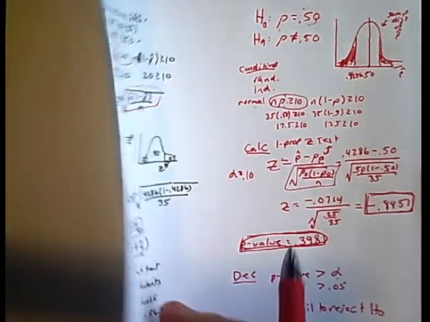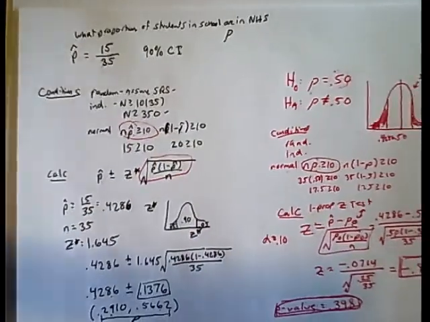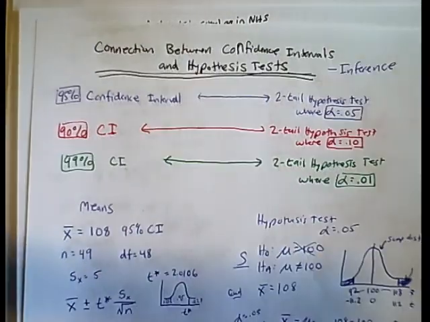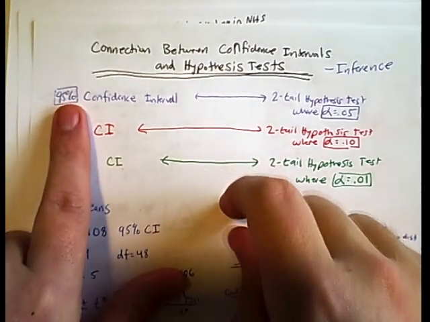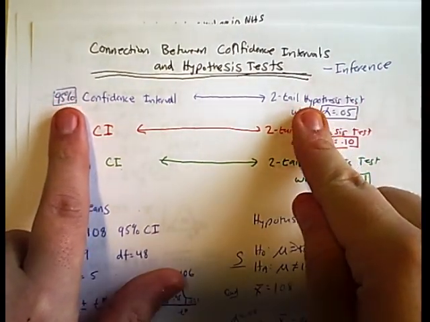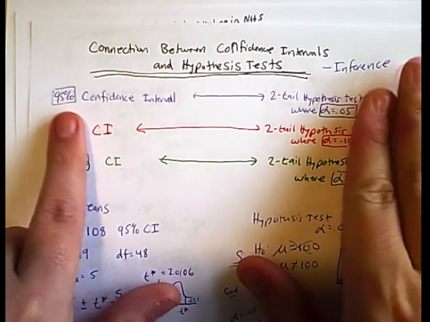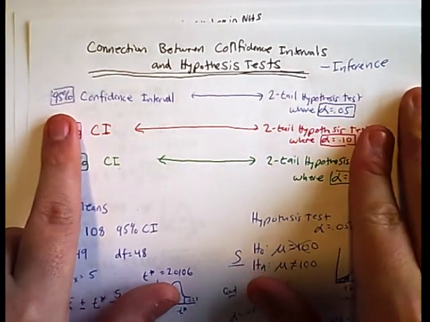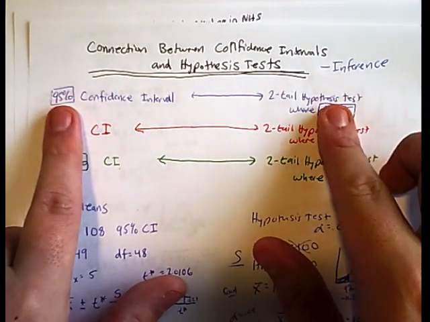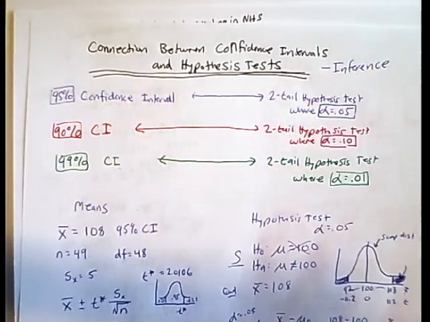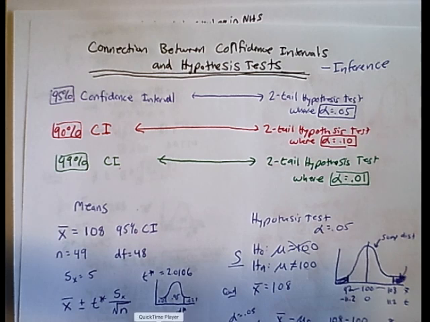Just remember, if you think through it, it's not that bad. Taking a 95% confidence interval is just like doing a two-tail hypothesis test with the alpha of 0.05, and so on and so forth. You should reach the same conclusions doing either type of inference, confidence interval or hypothesis test. So I'm going to stop the video there.